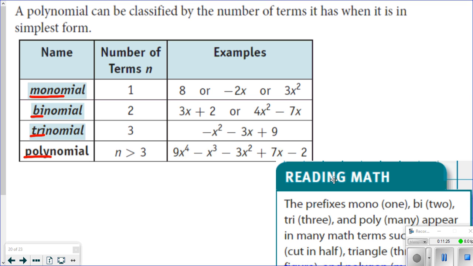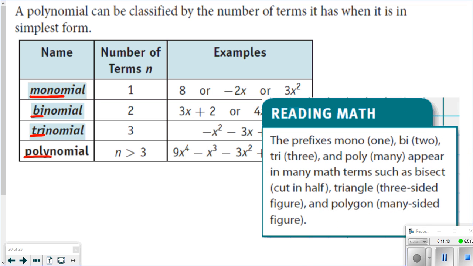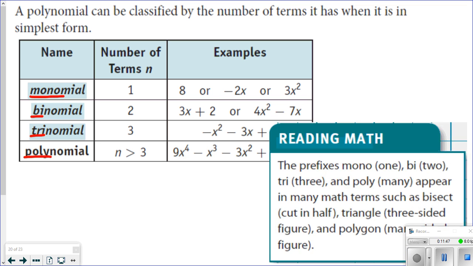So mono is 1. Think of bicycle, bi is 2. Tricycle or triangle, so tri is 3. And then poly is anything greater than that. A polygon has many sides.